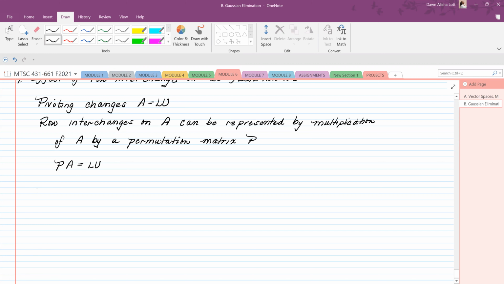So for example, if P is 0, 0, 1, 1, 0, 0, 0, 1, 0. So that's P. Then P interchanges rows 2 and 3 and rows 1 and 3.